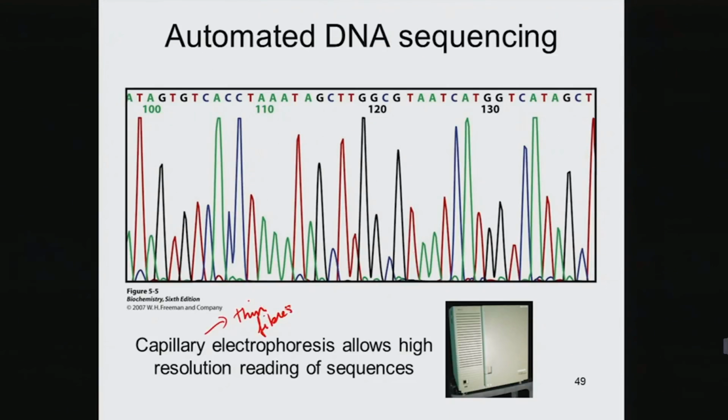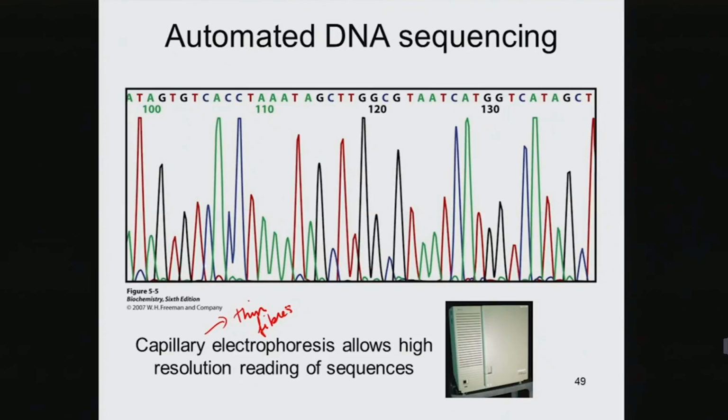And rather than using the radiolabel for your newly synthesized DNA, the base terminators had fluorescent tags attached to them. So you would add a fluorescent tag, depending on the color that you want, to the dideoxynucleotide.